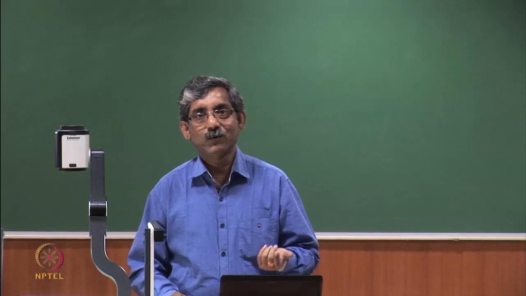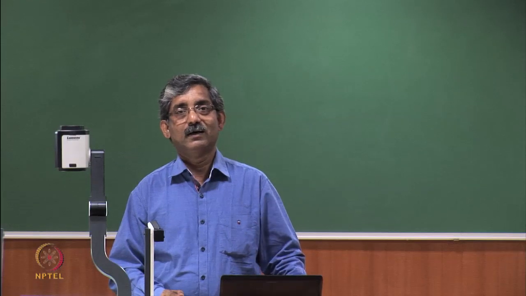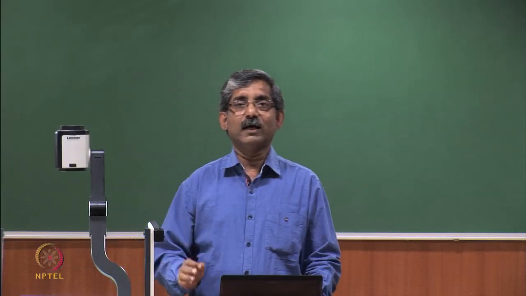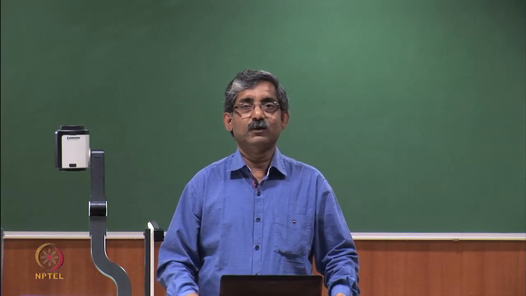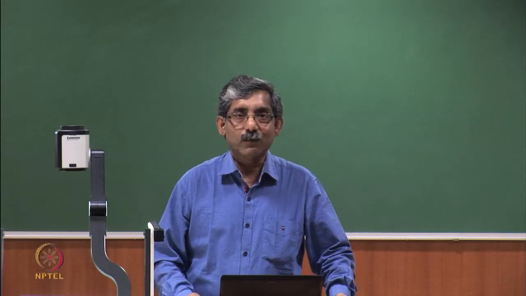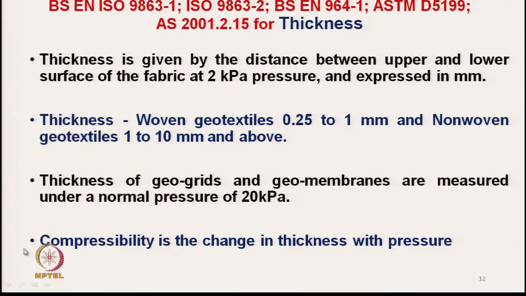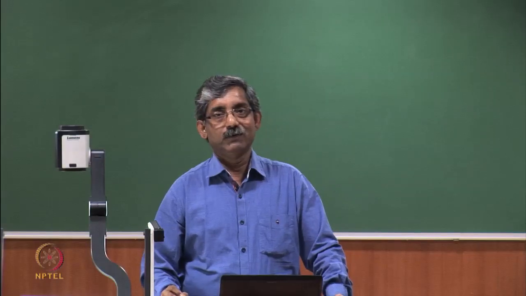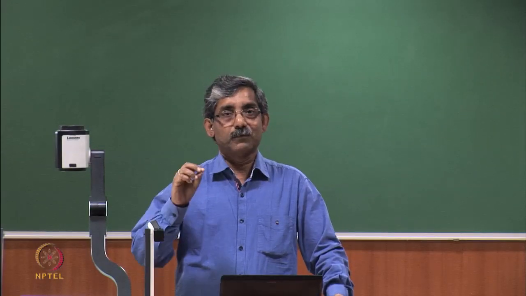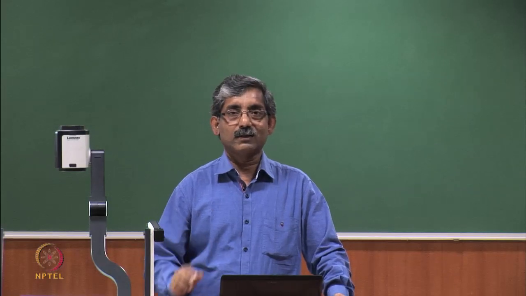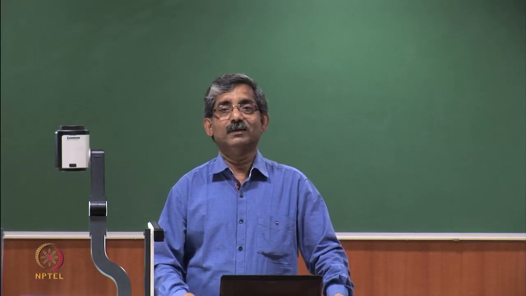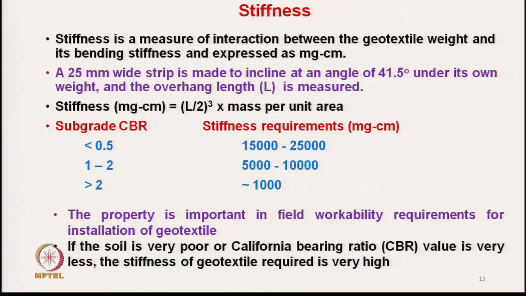For geotextile we use 2 kilopascal, for geogrid and geomembranes we use 20 kilopascal, and compressibility is the change in thickness with pressure. So, we can test compressibility also if we change the normal pressure and record the thickness of the material.